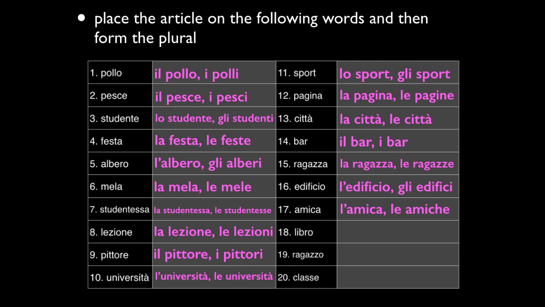Notice the addition of the H at the end to keep that C, that hard C sound. 18, libro, il libro, i libri, nothing too hard there. 19, again, nothing too hard there, il ragazzo, i ragazzi. And 20, la classe and le classi.